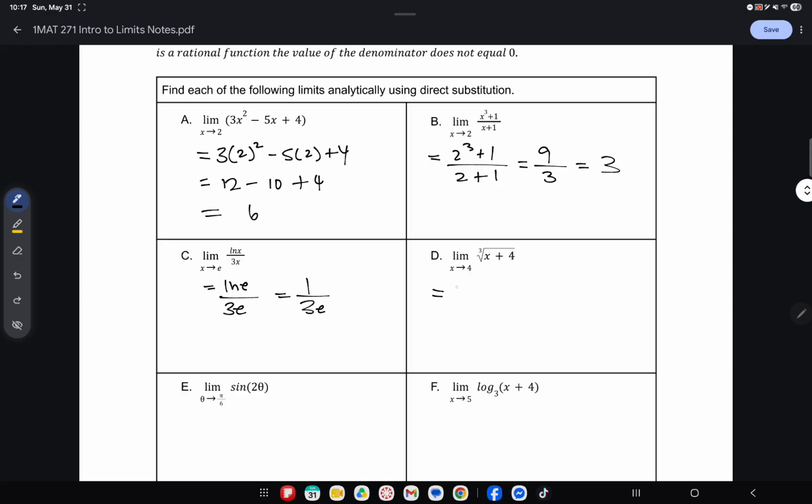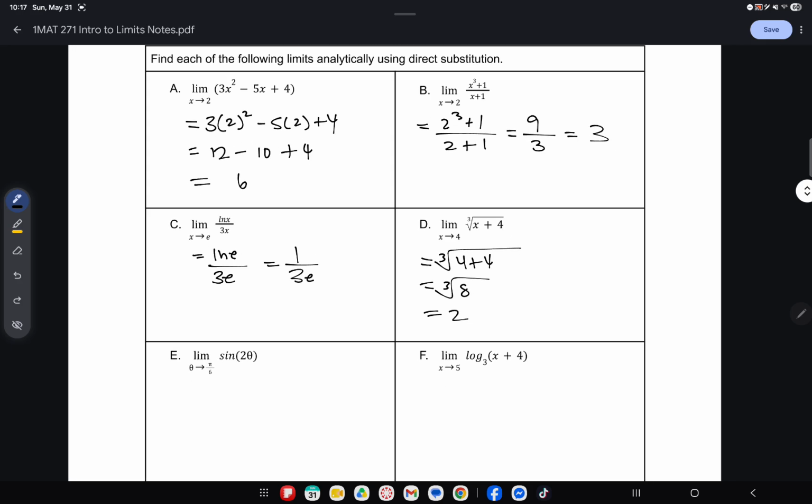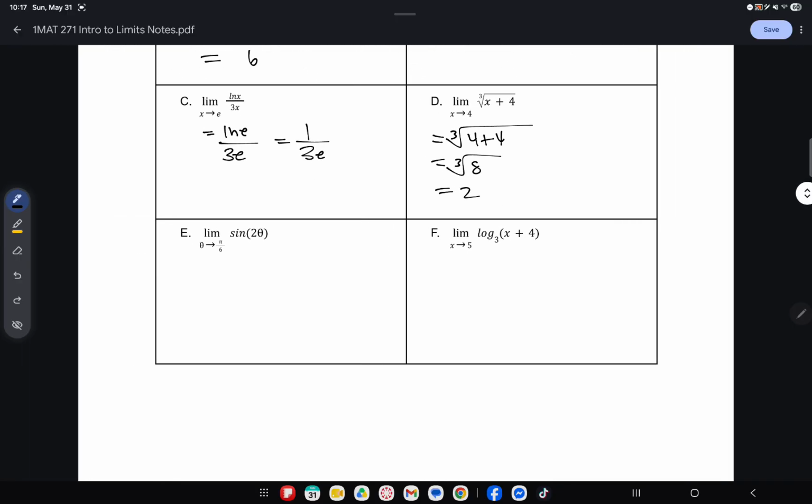Substitute in here. So we have the cubed root of 4 plus 4, which is the cubed root of 8, which is 2. All right, we got sine of 2 times pi over 6, which will give us sine of pi over 3.